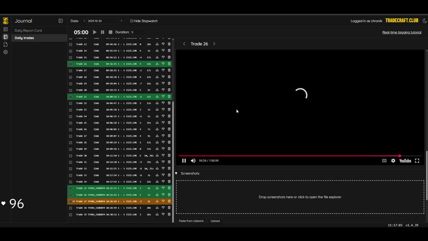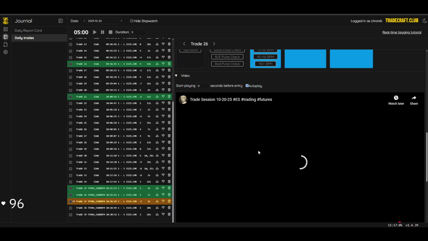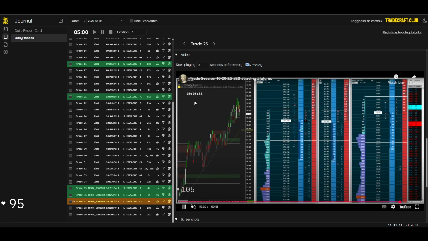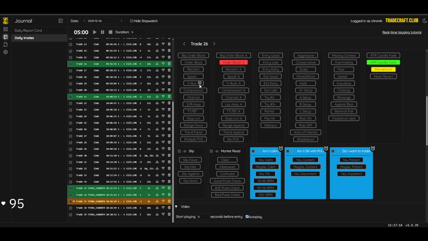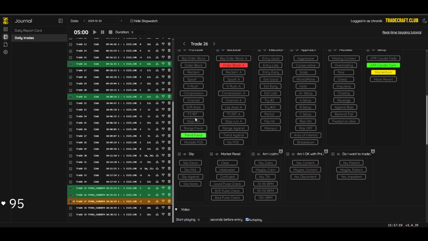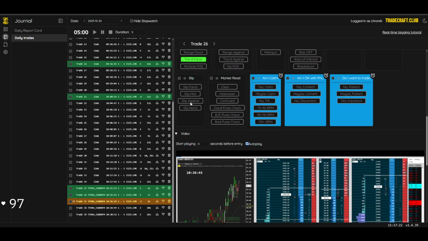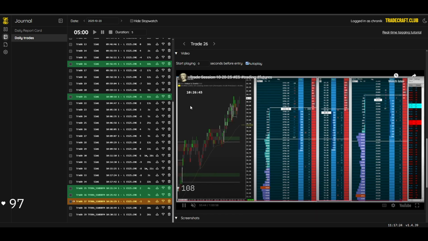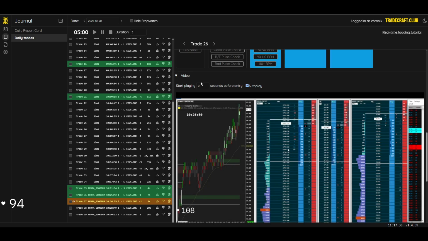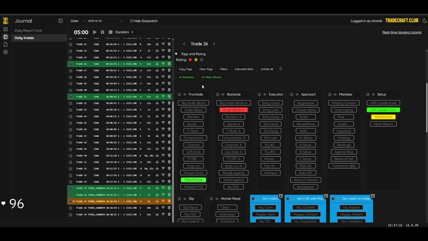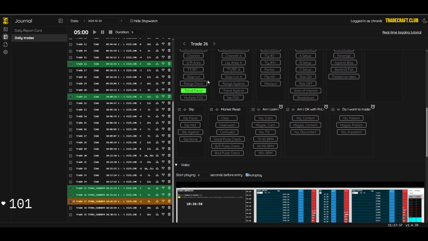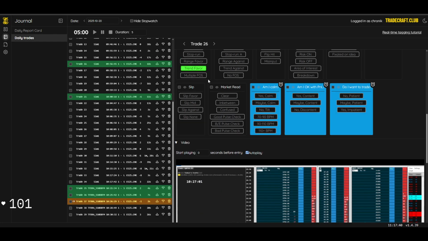Okay, let's continue tagging trade number 3. We had order blocks against us, unfortunately. We had the trend favor. We had compression because it does look like we're compressing. We're not actually. We're getting pretty good movement. We're not really compressing. I think that's it. Stop run, range favor, trend favor.